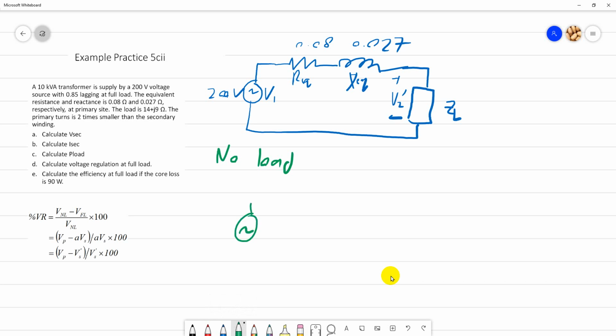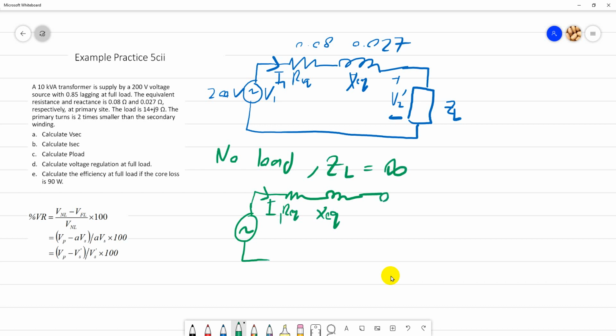Don't forget this is I1, and you have Req, Xeq. At no load, ZL will be infinity.